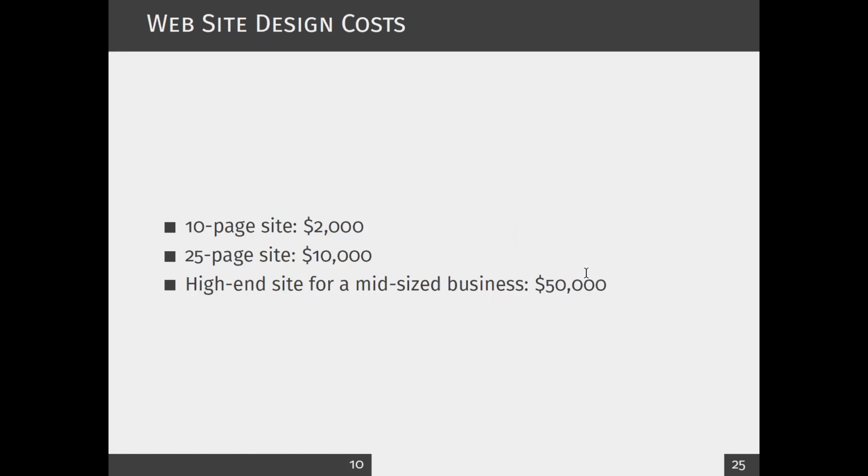The website costs, again from the book, are from Jessica, when she worked for some company. She was telling that the company charged $2,000 for 10 pages and $10,000 for 25 pages. And if it's really high-end work, then it's about $50,000.